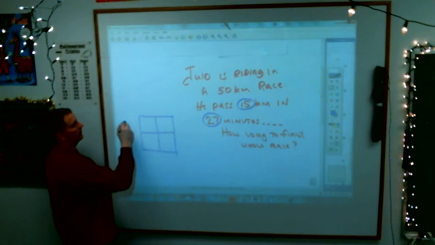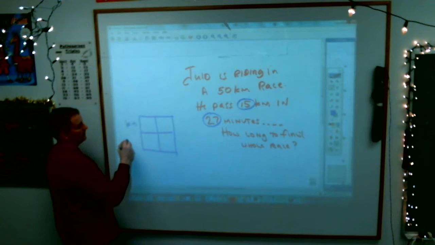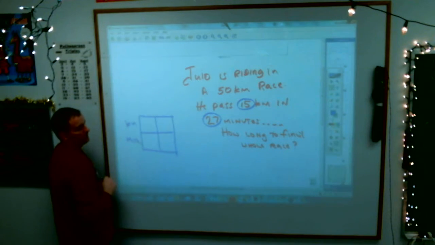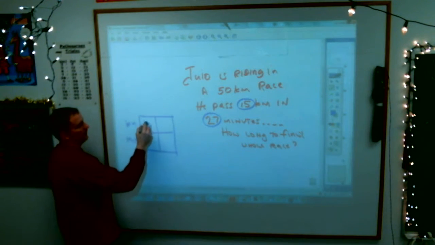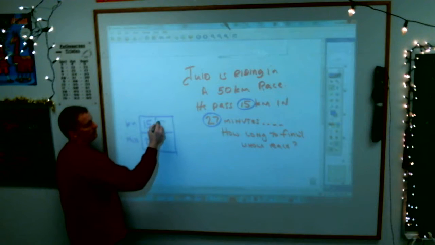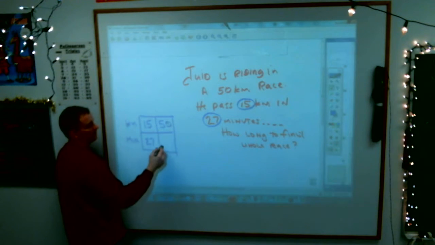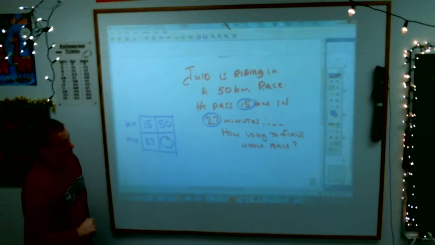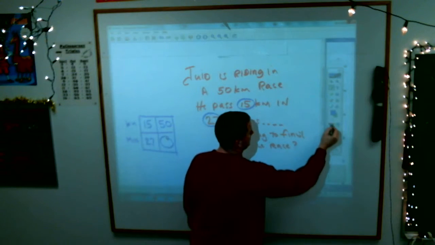I'm comparing kilometers to minutes. He did 15K in 27 minutes. How many kilometers is the whole race? 50. And you want to know how long it'll take him here.